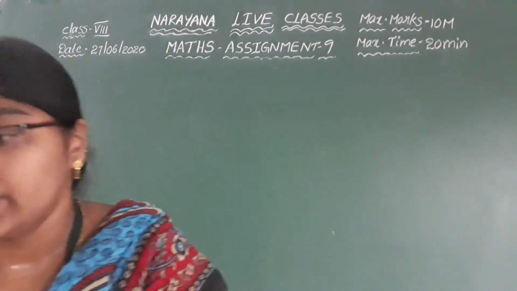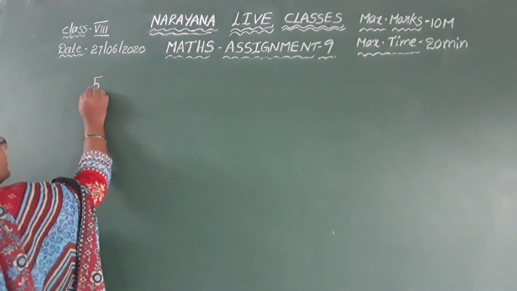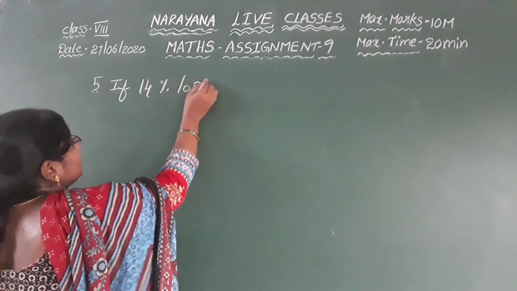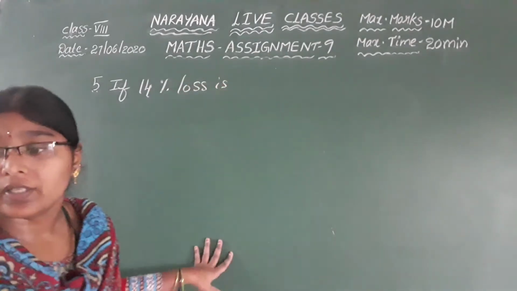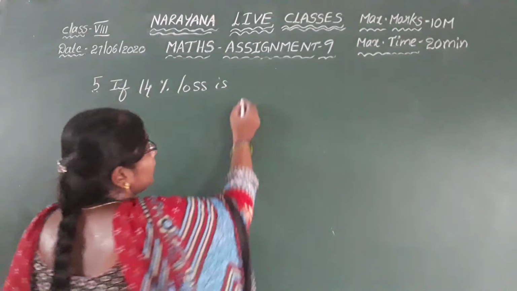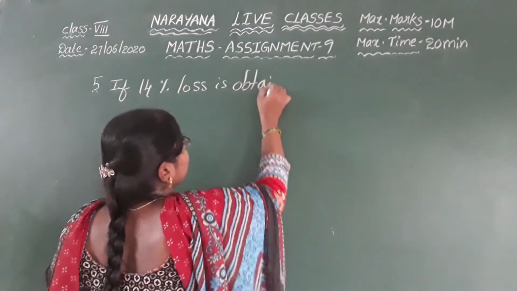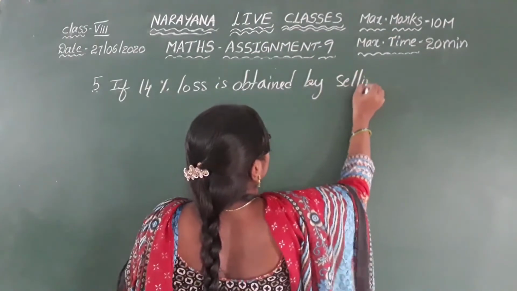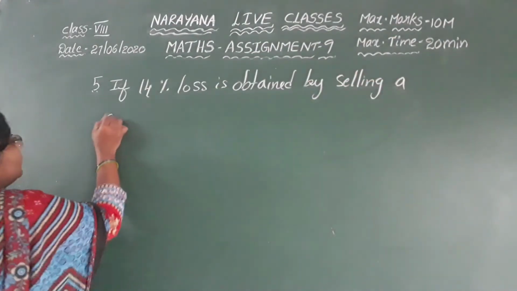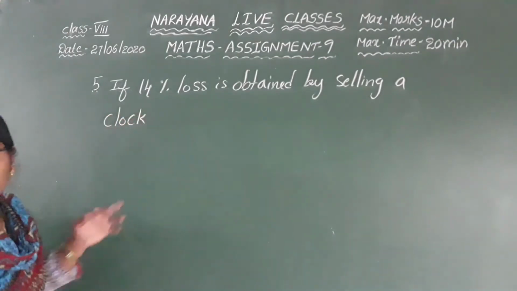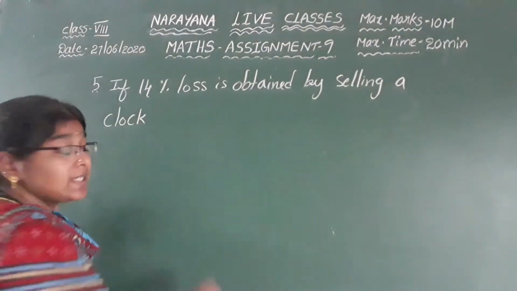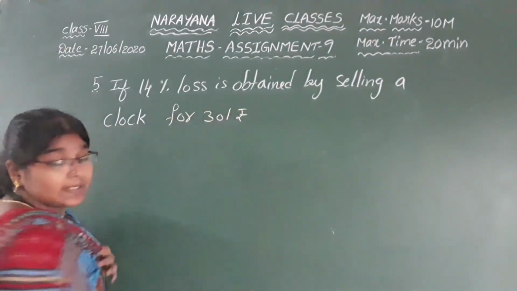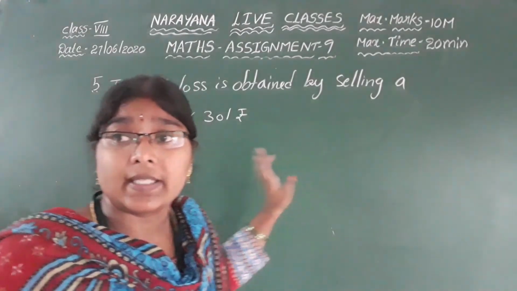Next, the fifth question is: if 14% loss is obtained by selling a clock for 301 rupees, then the cost price is?